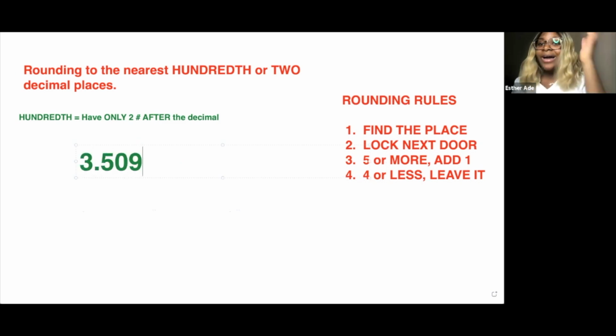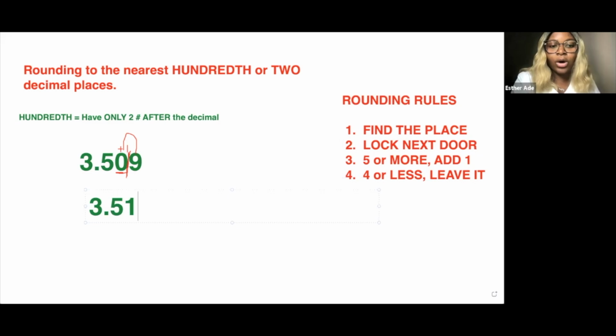All right, finally, one more. We're going to have 3.509, rounding that to the nearest 100th place, or two decimal places. Once again, go ahead and find your place. That's my decimal, two numbers after the decimal, stops right there. I lock the next door. What do I do about my 9? It's up to 5 and more, so it can come over here plus 1. So my answer is going to be 3.51.